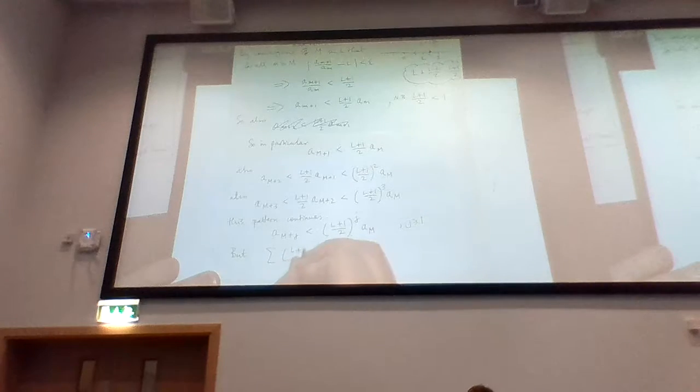The sum of ((L+1)/2) to the power j times a_M, going from 1 to infinity, is a convergent geometric series.